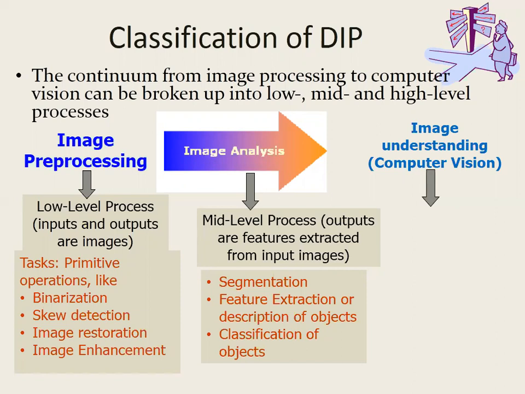Once we identify the region that we need to recognize, identify or verify, then that segmented image should be represented, because we can't directly manipulate it like a textual document. In a textual document, you can access characters, words, phrases as per your requirement. But in an image, that's not possible. So we are accessing not directly, but indirectly, through feature extraction or by describing the image.